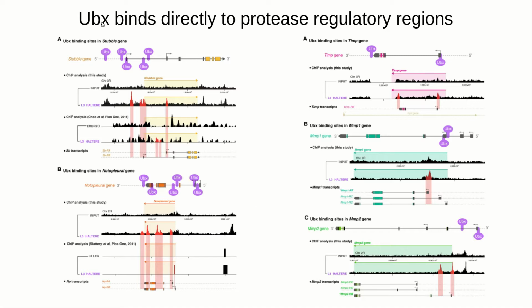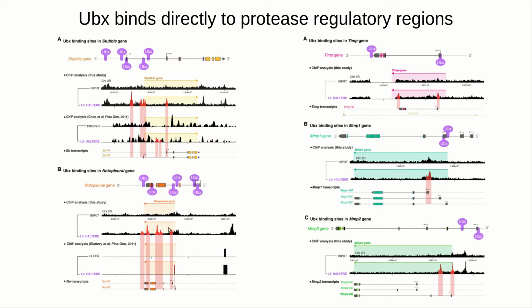Additionally, it has been shown by ChIP-seq that Ubx binds directly to these protease regulatory regions. It binds to stubble here, it binds to notopleural, which is another protease which I haven't mentioned, but it also degrades Dumpy.